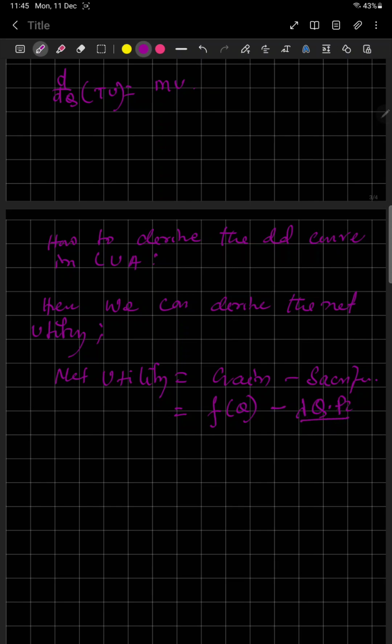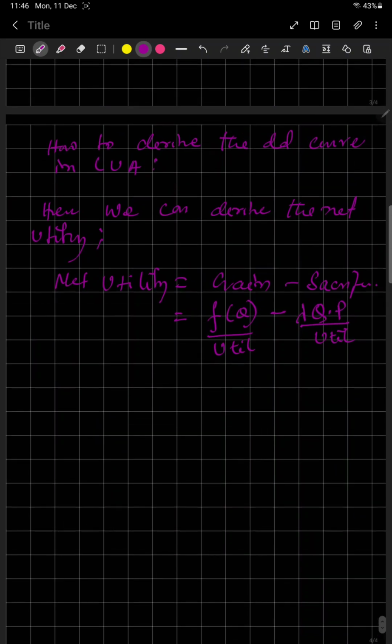The unit of the sacrifice is util, and the gain has the same unit, util, because gain is nothing but the total utility function of q, and the unit is util. So the net utility is the difference between the gain I am getting by consuming that product and the sacrifice, the amount of money I am paying for that commodity.